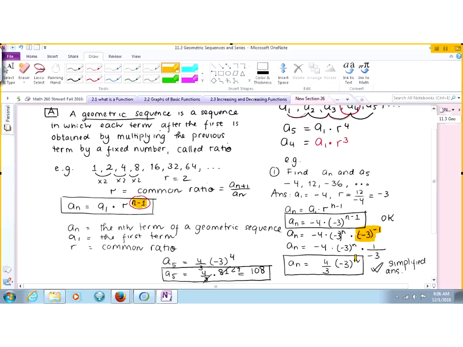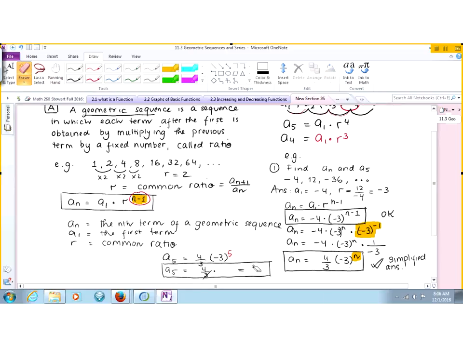Because it's 5 supposedly. Yeah, you did. So this is to the 5th, yes, to the 5th. Yeah, it is, yes. So what's the answer then? It's 243, is it? Okay.